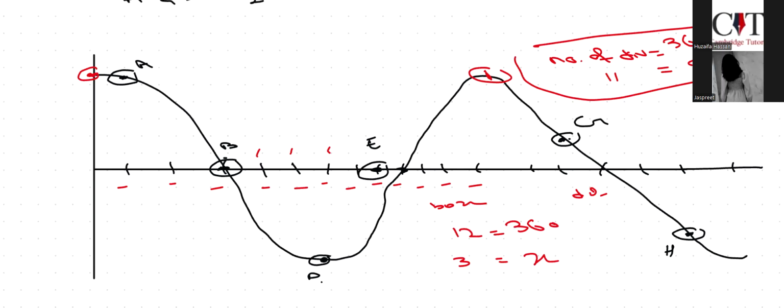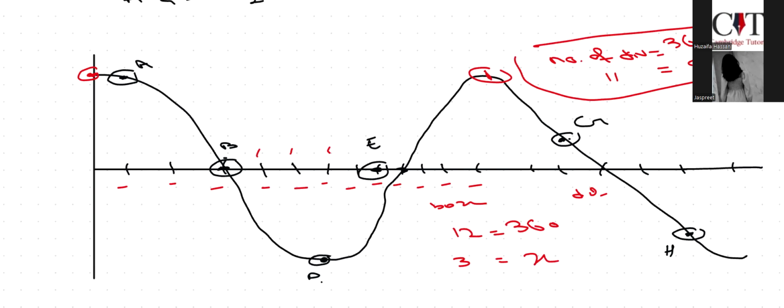Now calculate the phase difference between the points B and E. B and E, right, sir?